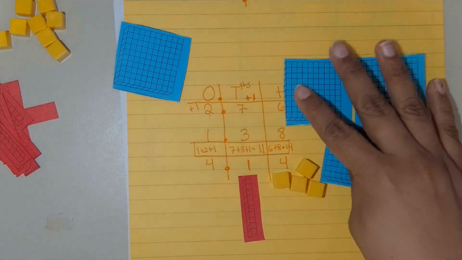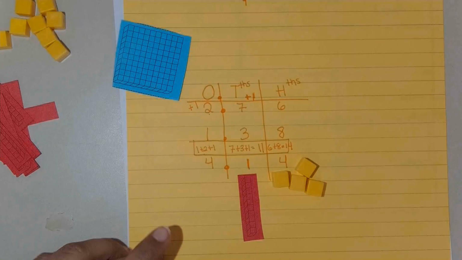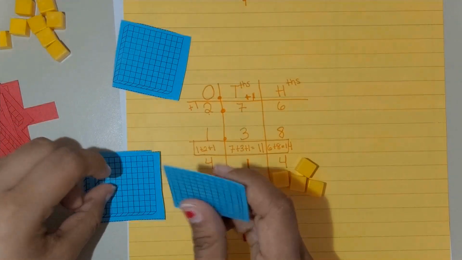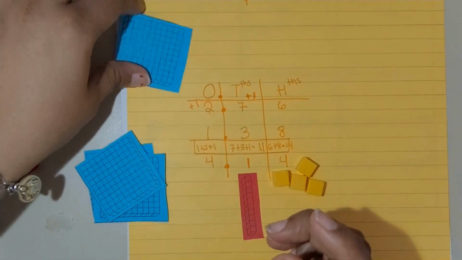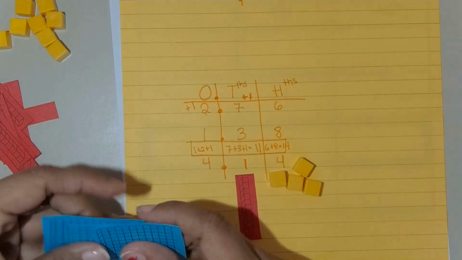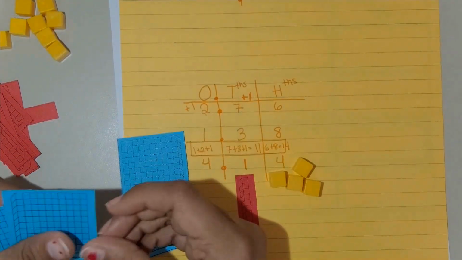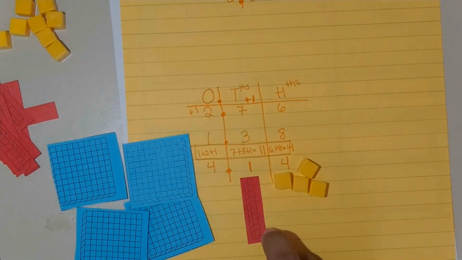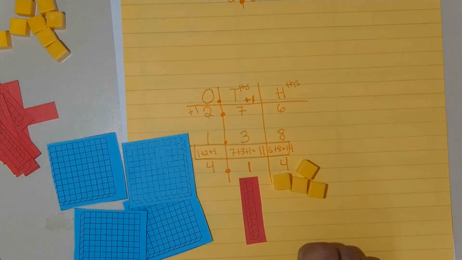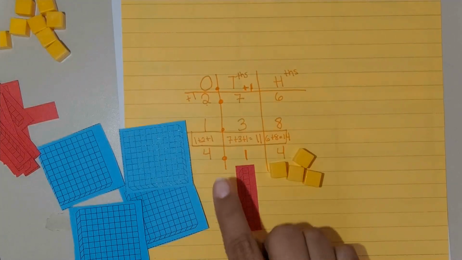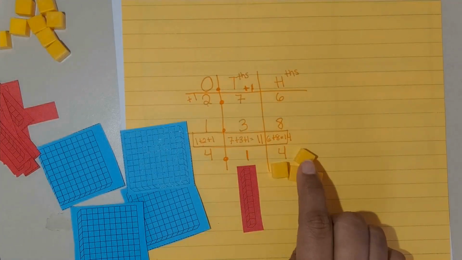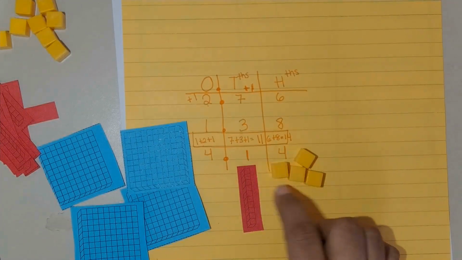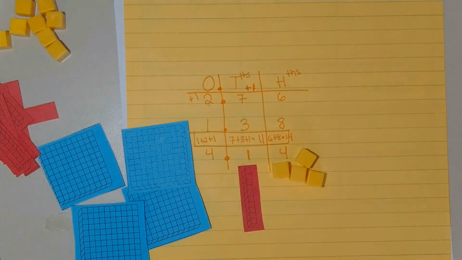So I'm going to combine these together, and I have 1, 2, 3, adding the 1, and that is 4. So here I have a visual demonstration that I have 4 ones, 1 tenths, and 4 hundredths. So this is going to be 4 and 14 hundredths. 1 tenths, 4 hundredths.